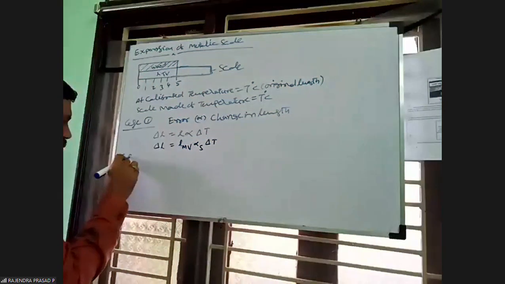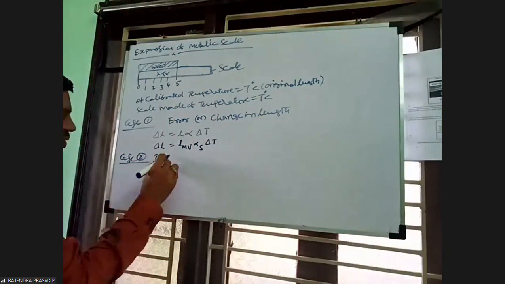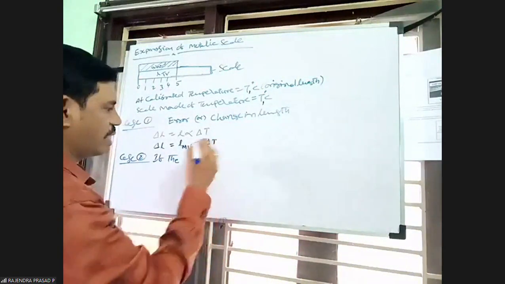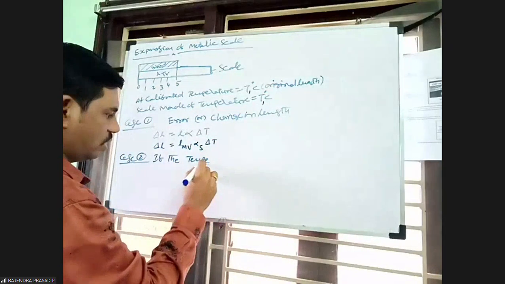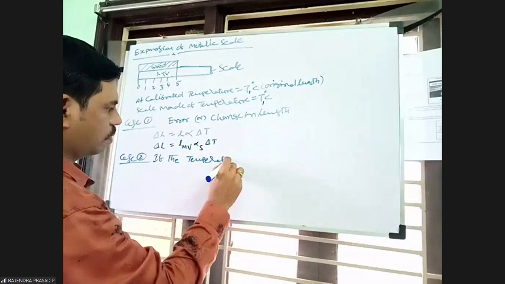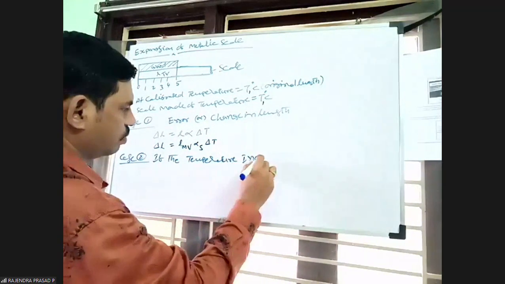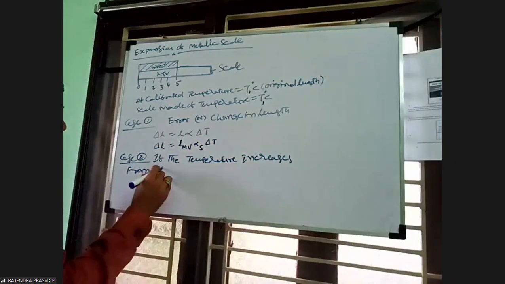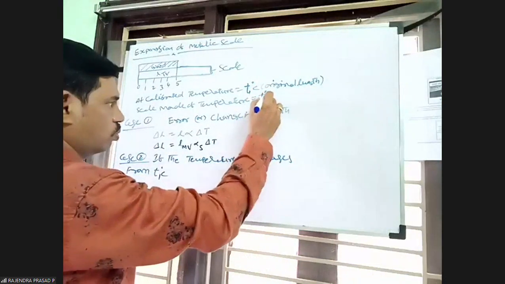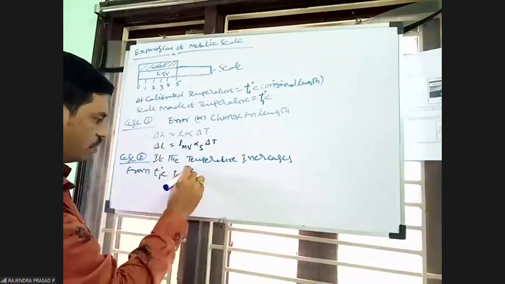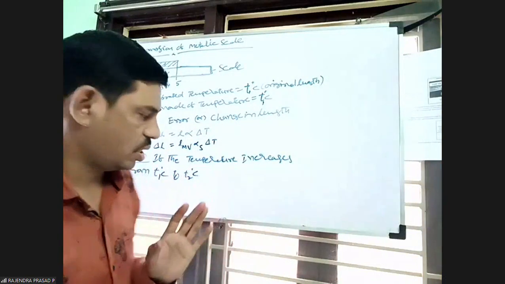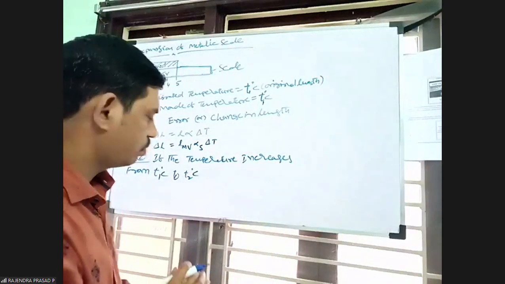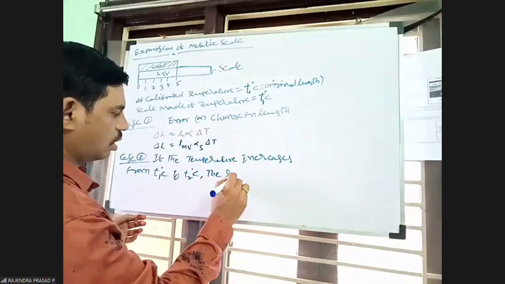Second, case 2. If the temperature, the T1 temperature, this is considered as T1 temperature. If the temperature increases from T1 degrees C to T2 degrees C, the rod will expand.